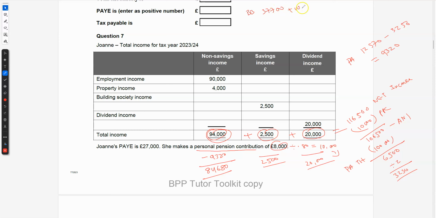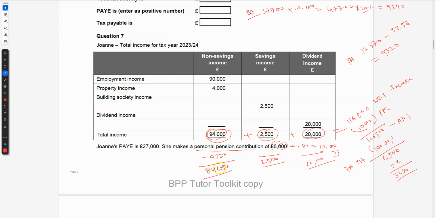Now it will be 10,000 more because of the PPC, so it will be 47,700. So in this amount I'm going to pay 20%. So multiply 20%, and that will give me 9540. So this is my first tax on the basic band at the rate of 20%, and not 37,700 but 47,700.